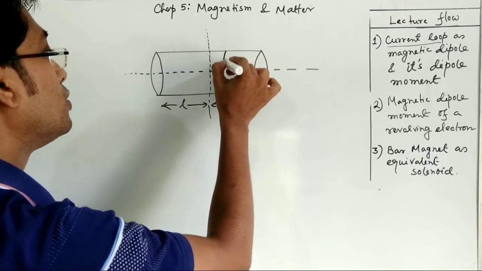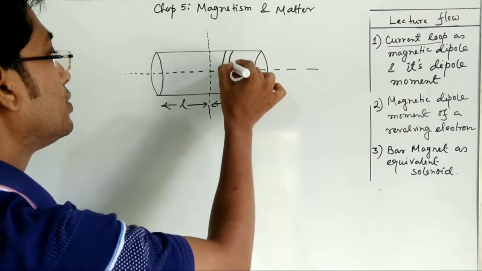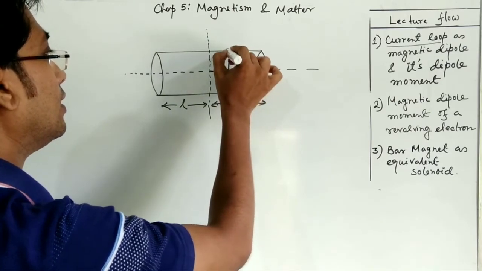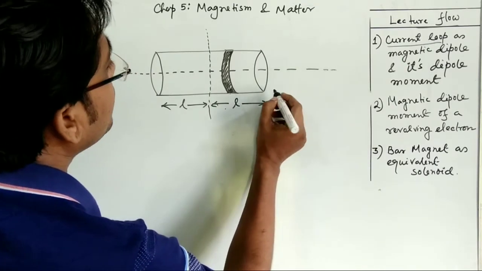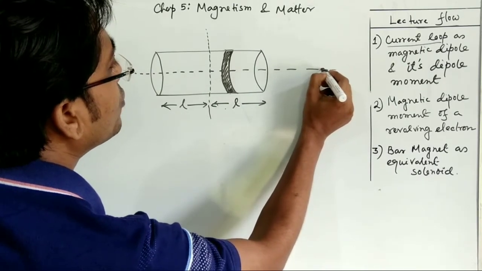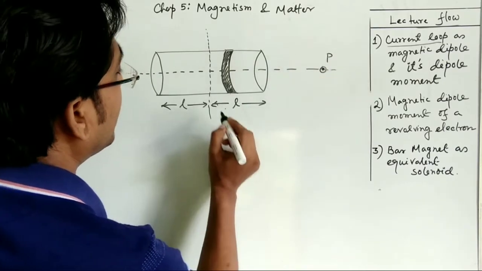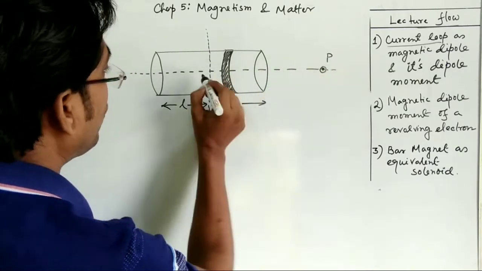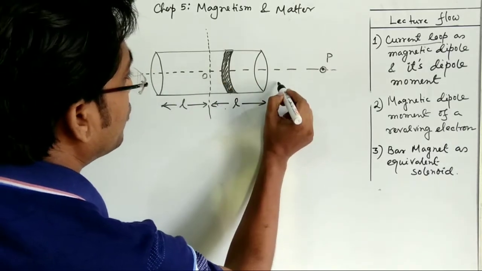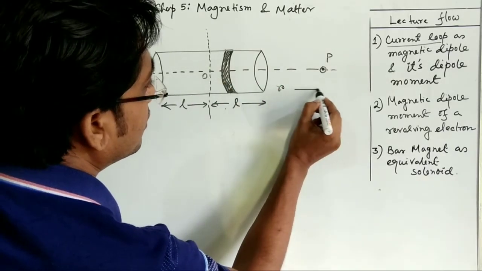We are taking a small portion of the solenoid, and you have to find out the magnetic field at this point. Suppose this point is P, and the distance of P from the midpoint O is R.